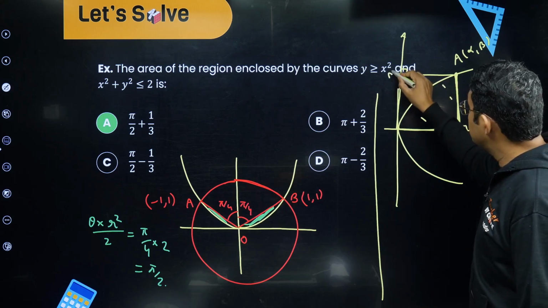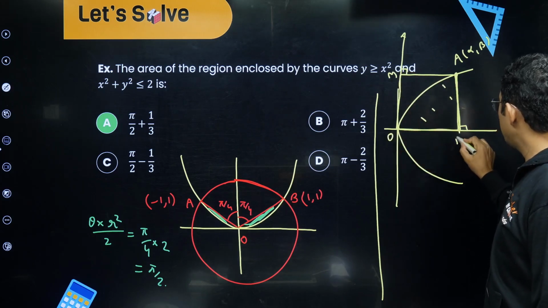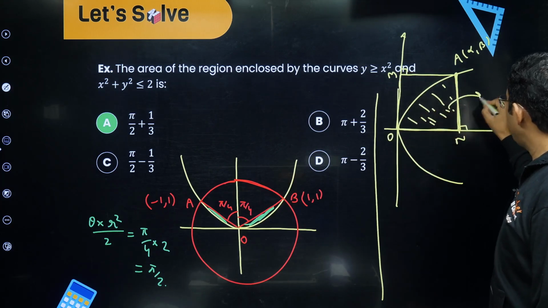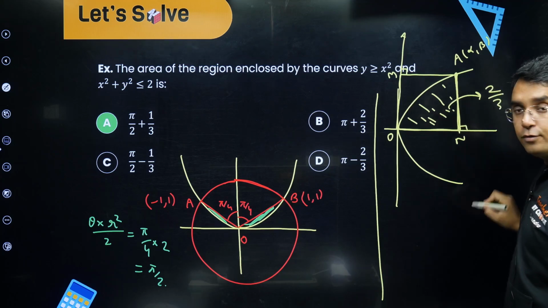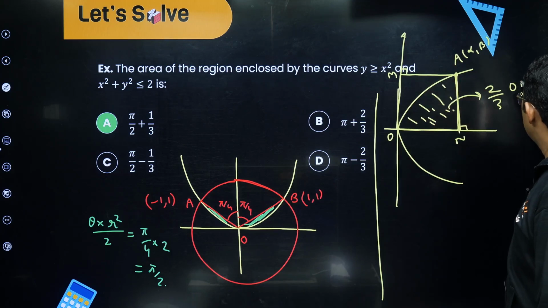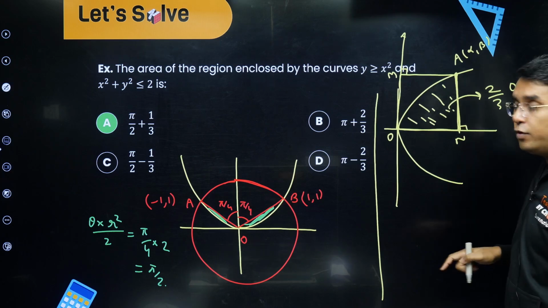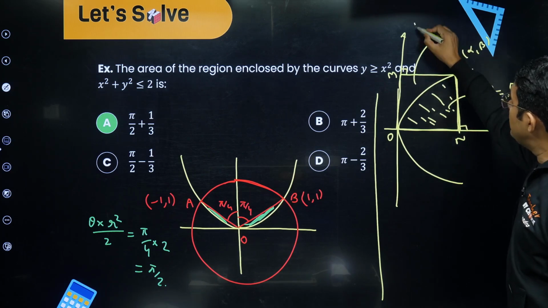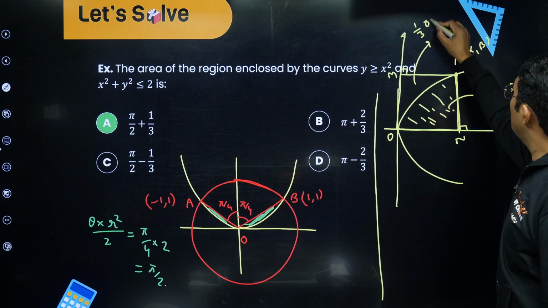Let's say this is M, this is O, and this is N. This area inside, dear students, is two-thirds of this rectangle ONAM. If it is two-thirds, then outside it will be one-third of ONAM.